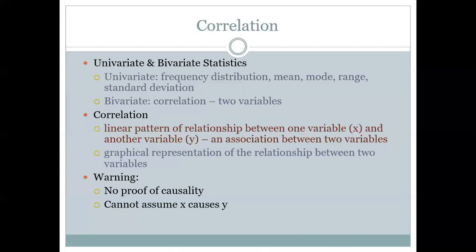Usually univariate analysis refers to the measurement of the frequency distributions, the mean, mode, range, and standard deviation. Univariate analysis refers to the analysis of one variable.